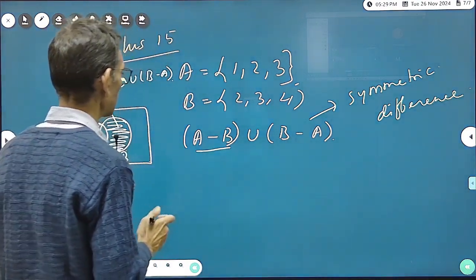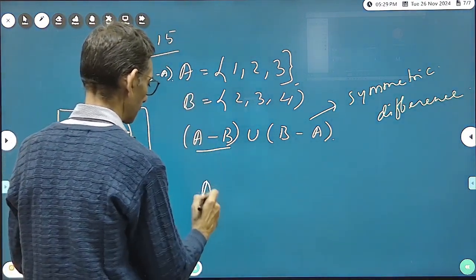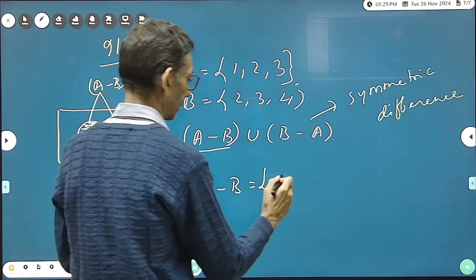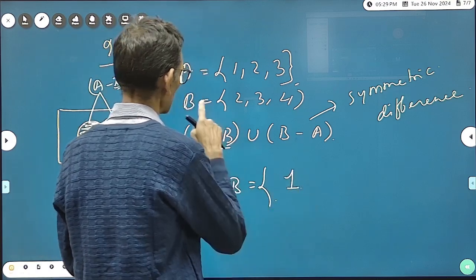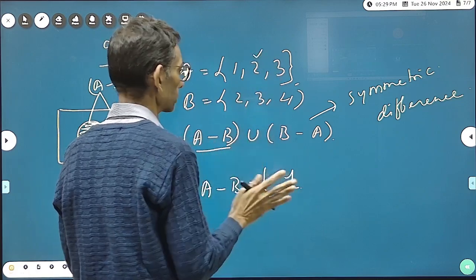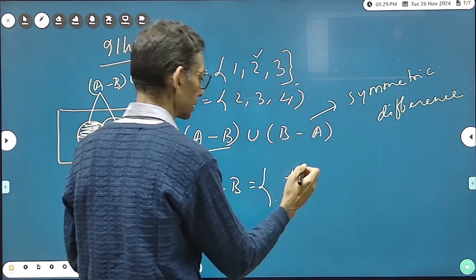So can we find it? First we find A minus B. 1 will be there. B you have to subtract: 2 is there in B, so 2 will not be there, 3 will also not be there.